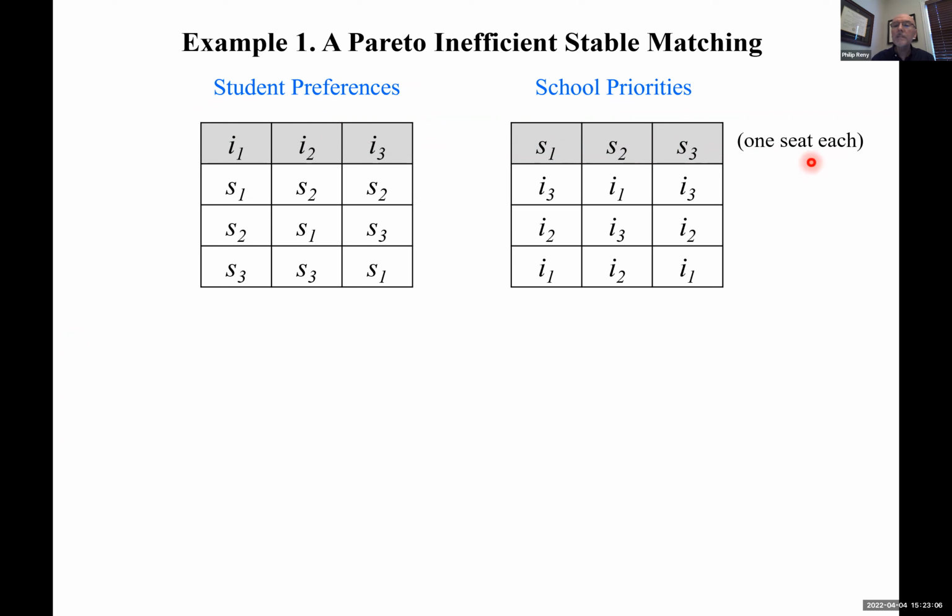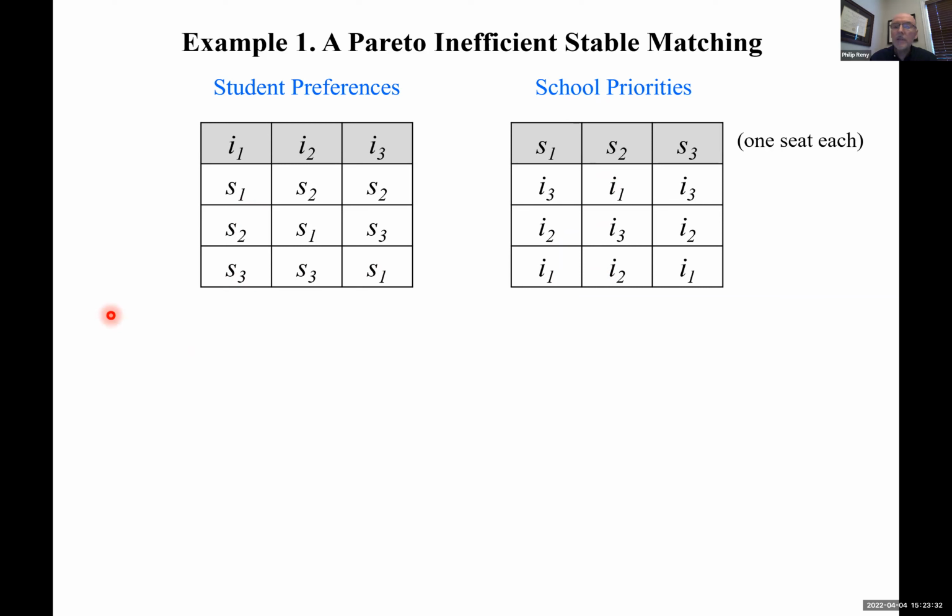Each school has 1 seat. Here I'm listing the students' preferences. Student 1 ranks school 1 first, school 2 second, school 3 third. Over here, the priority ranking of school 2 is student 1 has highest priority, student 3 second highest, student 2 lowest priority. That's how to read the tables.